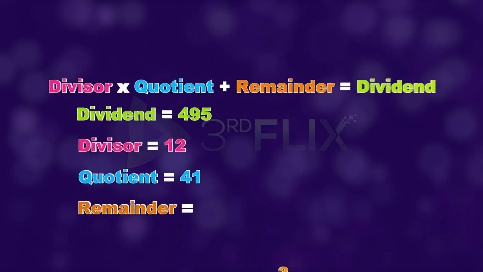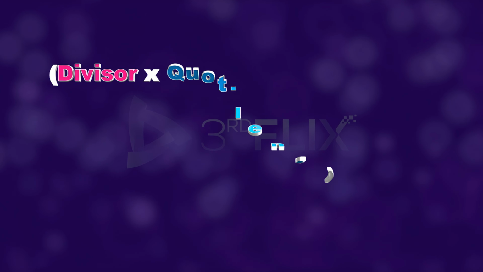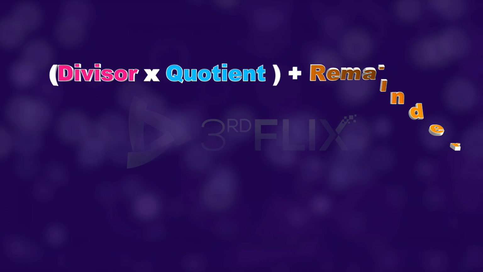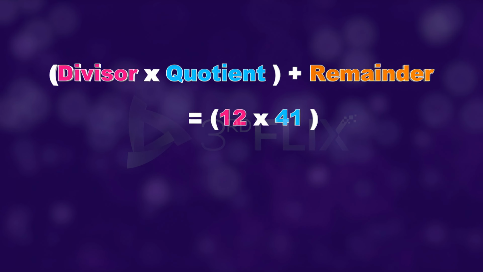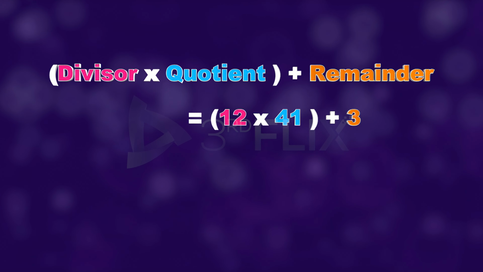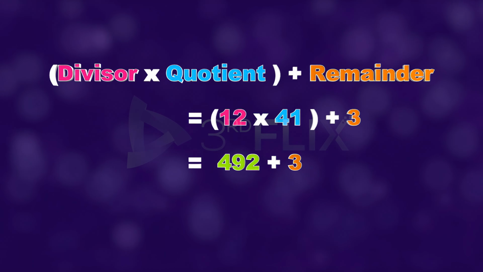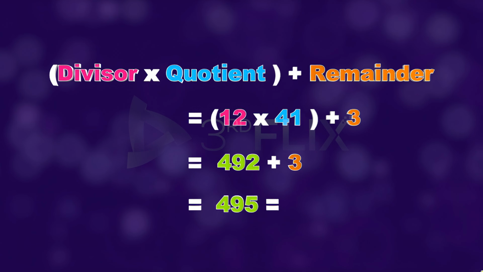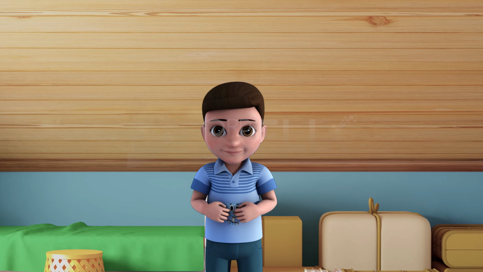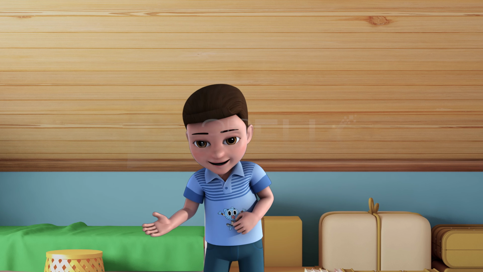Remainder is equal to 3. Thus, divisor into quotient plus remainder is equal to 12 into 41 plus 3. 492 plus 3 is equal to 495, which is equal to the dividend. Hence, the answer of the given division is correct.